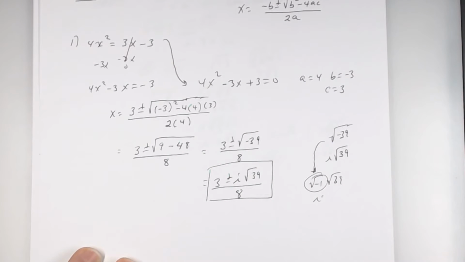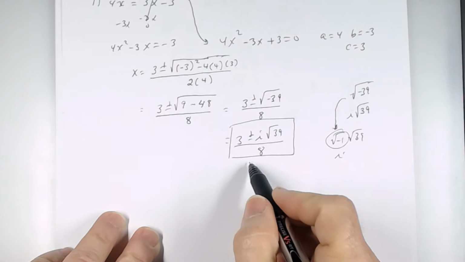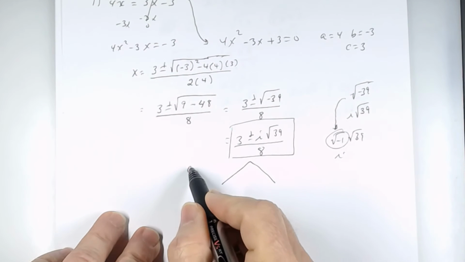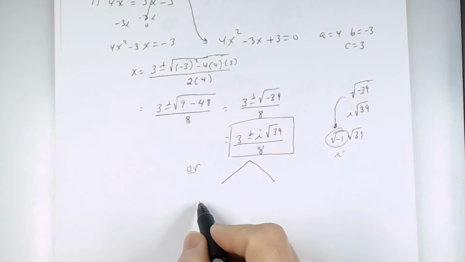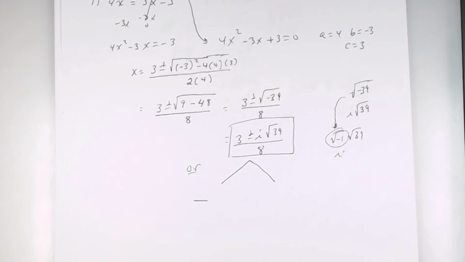On MyMathLab, you can write it out as 2 separate solutions. They're going to want you to write them as 2 separate solutions, separated by commas. So when you go to MyMathLab, there's a fraction bar. You click on that fraction bar in your palette, and then this will show up, and you just put the numerator and the denominator.